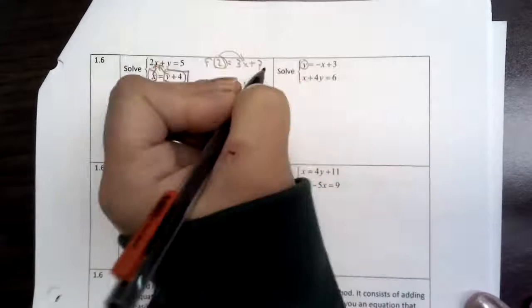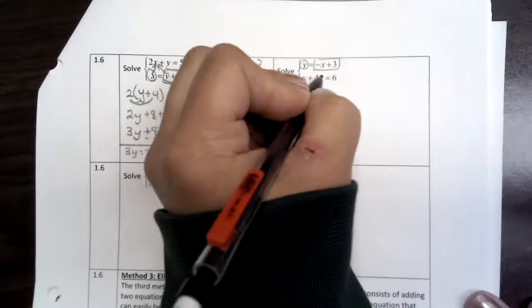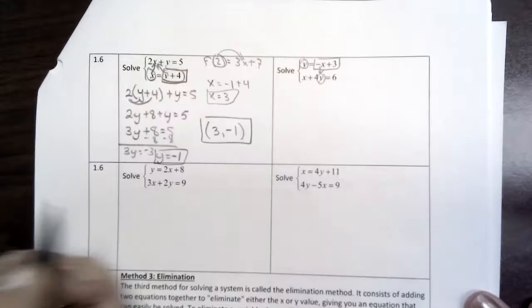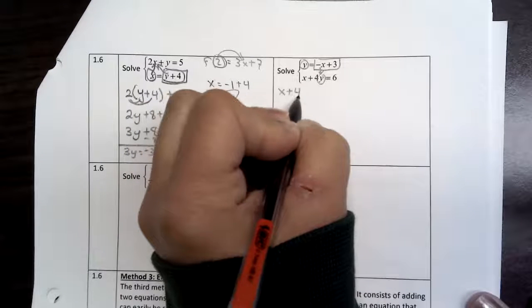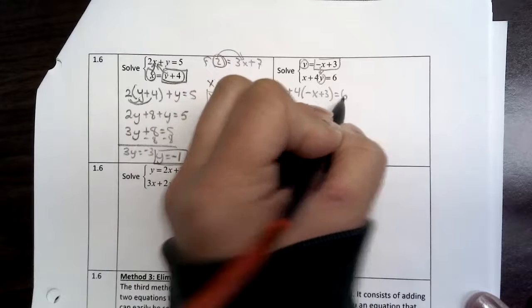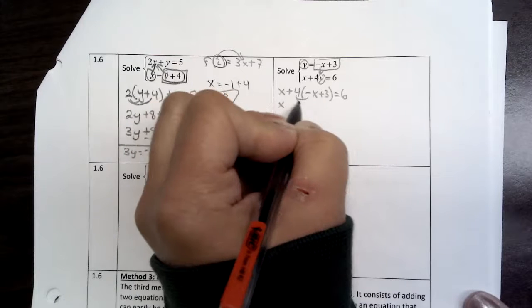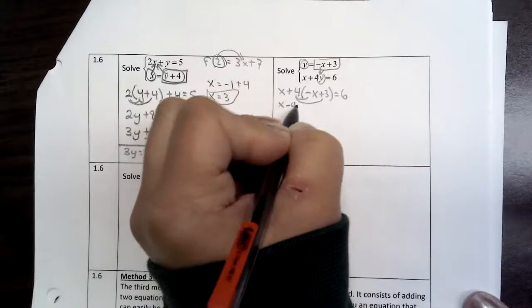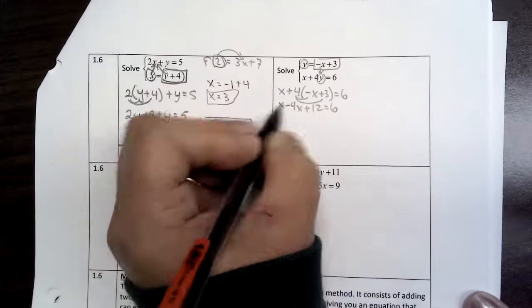So the next one has a y equals and some stuff. So anywhere I see a y in this other equation, I'm going to plug that stuff in. So x plus 4 times -x plus 3 equals 6. So now I'm going to distribute: x minus 4x plus 12 equals 6.